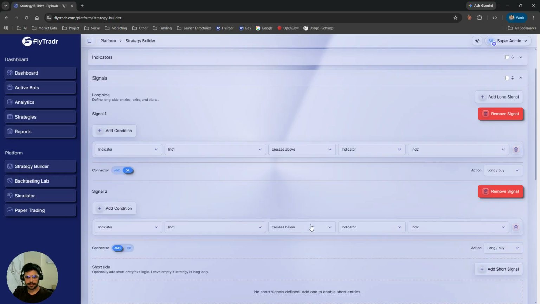The only difference is the comparator. Here it says when indicator 1 crosses below indicator 2, then the action would be, let's change this action to sell or exit or close position. They are all same, so that doesn't really matter. You can pick any. So let me just pick this one for clearer explanation of this signal.